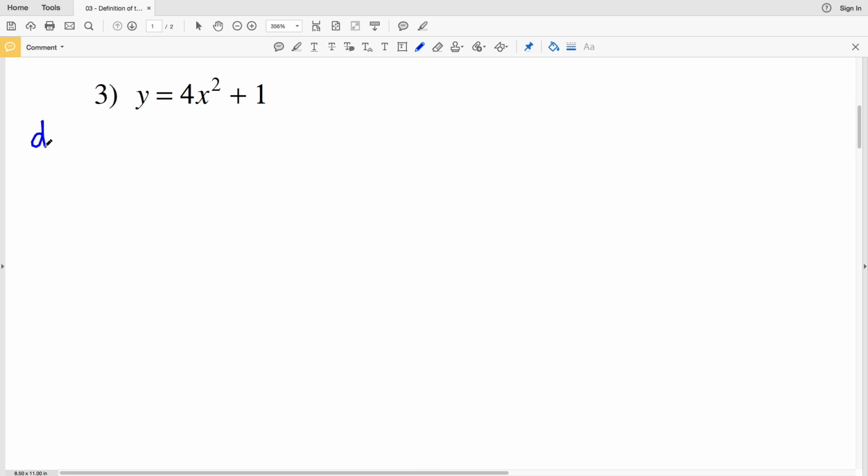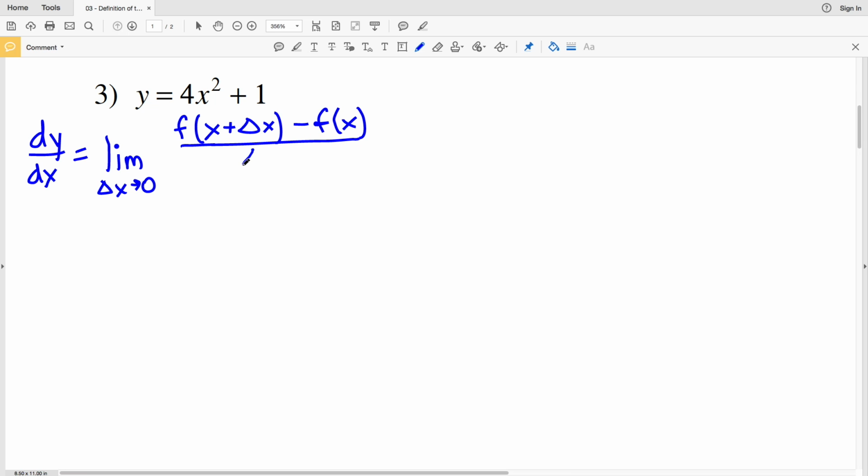Number 3, I have the derivative of y with respect to x. That equals the limit as delta x approaches 0 of f of x plus delta x minus f of x all over delta x.